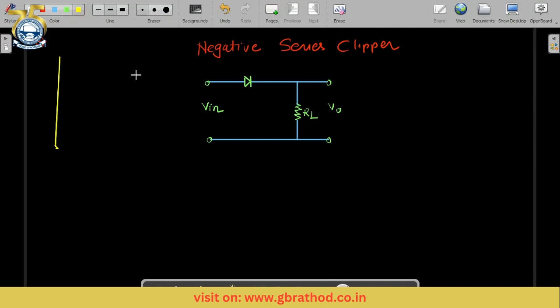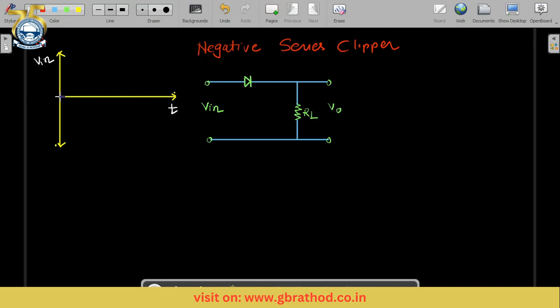In the majority of our circuits we are taking the input as a sinusoidal waveform. So this one is the time axis. The vertical is amplitude, and in amplitude we are taking voltage. So here is V input, and this one is time.